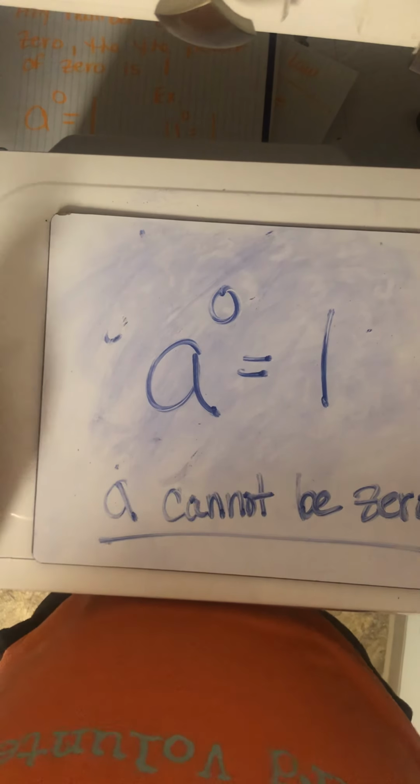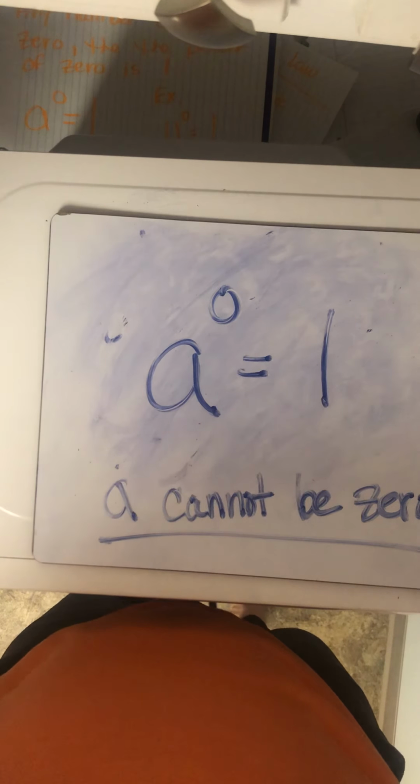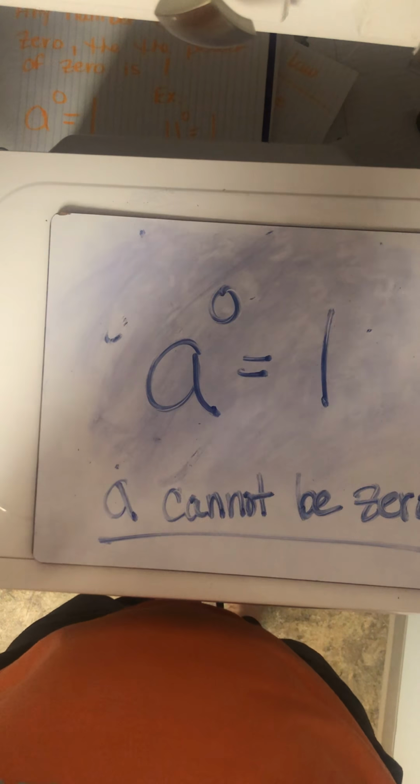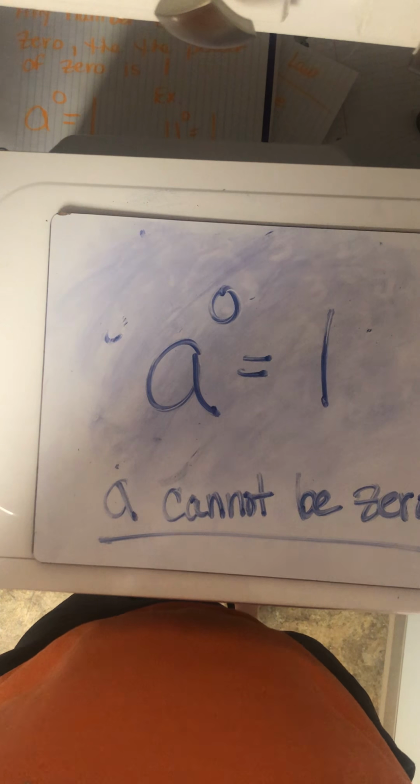Any number besides 0 to the 0 power equals 1. I showed you why, but this is just a really simple rule you need to understand. If you look at today's 4 problems, you're basically just going to have to answer some multiple choice questions about the 0 power rule. If you have any questions, make sure you contact me on Google Classroom.